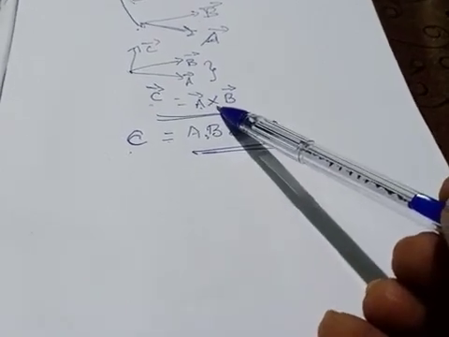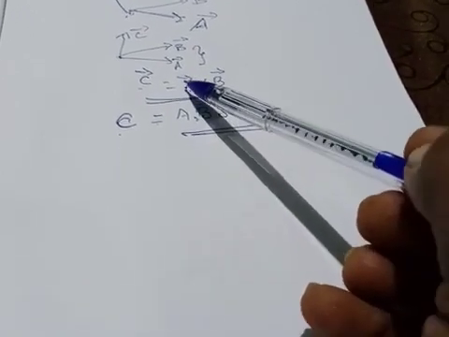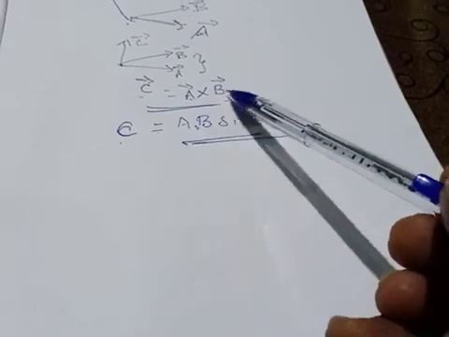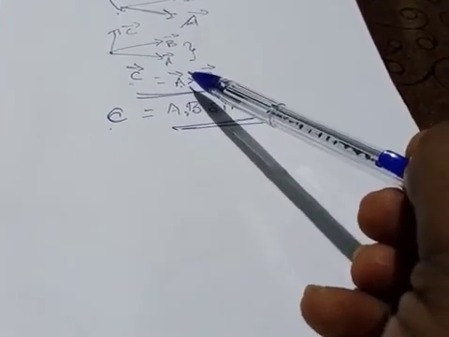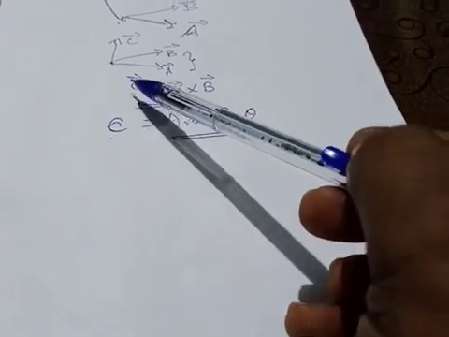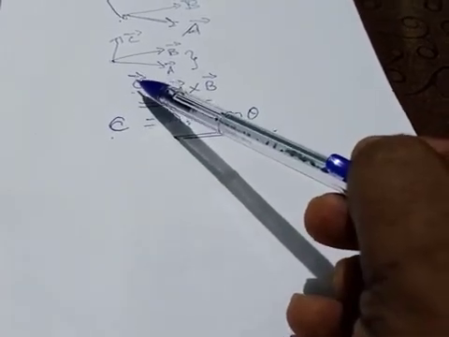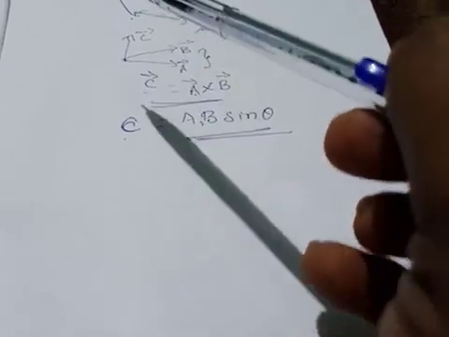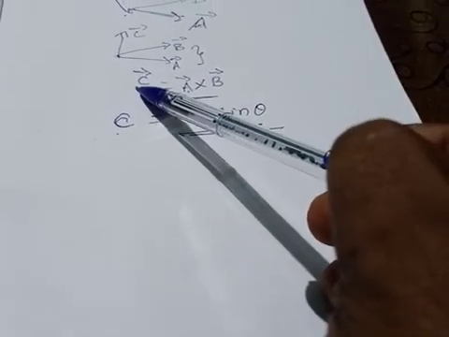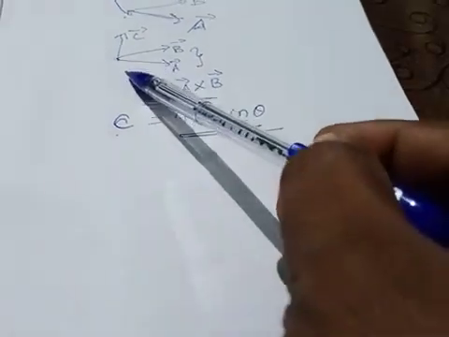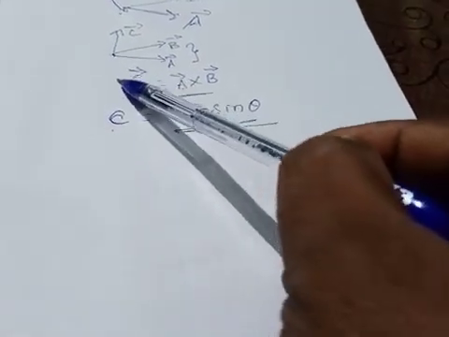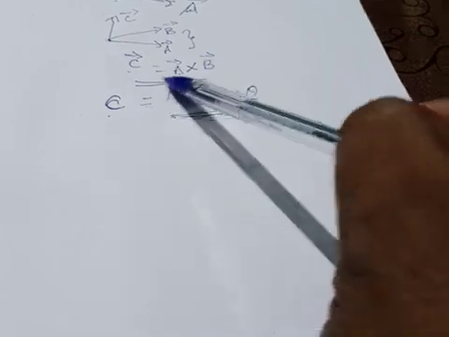So this A cross B is the product of these two vectors. We can define by using another vector, which is called C vector, which is equal to this vector product or cross product of these two vectors.